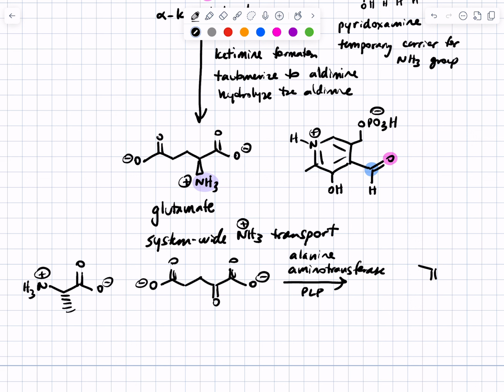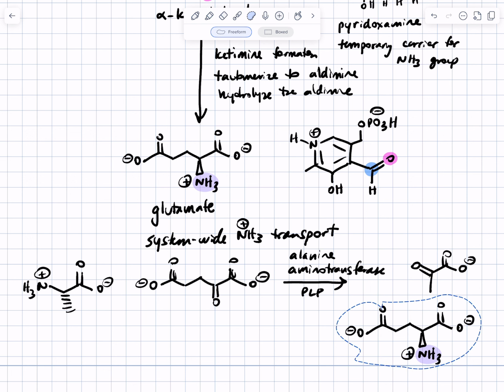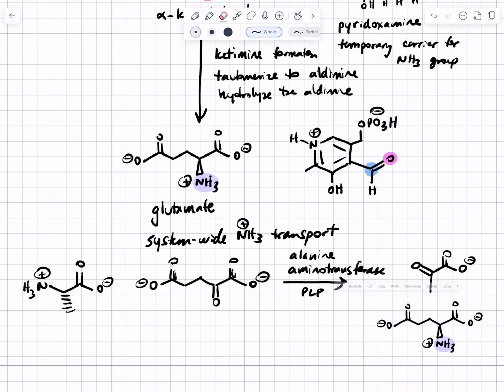And in the end, what you get is pyruvate, as we already showed, and then you get glutamate, whose structure I just drew above, and we'll just copy it and paste it there. So that's the full reaction from start to finish.